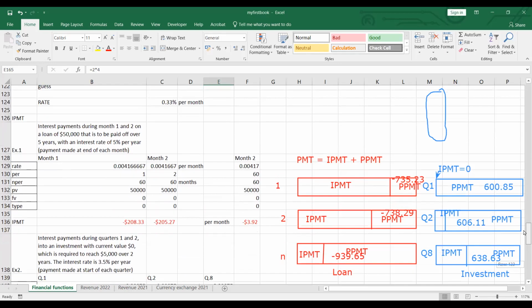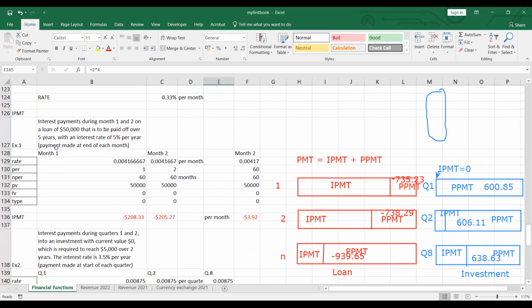Now let me go back to the IPMT a bit. In IPMT, same thing: the duration is months, the loan is 50,000, and the interest rate is 5%, absolutely the same as the PPMT case one. So let me write down the IPMT on each month, because I accidentally rubbed it out before.